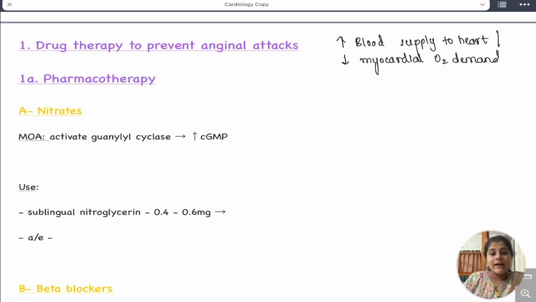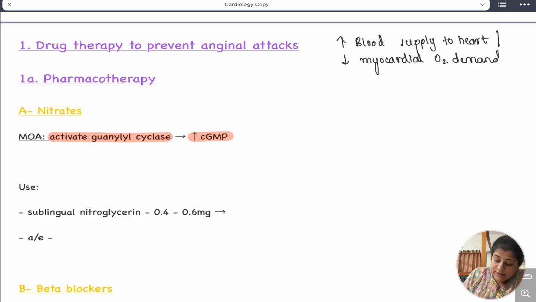Okay, now let's get started with nitrates. What do nitrates do? Nitrates activate guanylyl cyclase. This increases cGMP levels. Many of us know that these are blood vessel dilators, but if I ask some students the mechanism, they say they increase coronary blood flow. This is not the mechanism of action of nitrates.